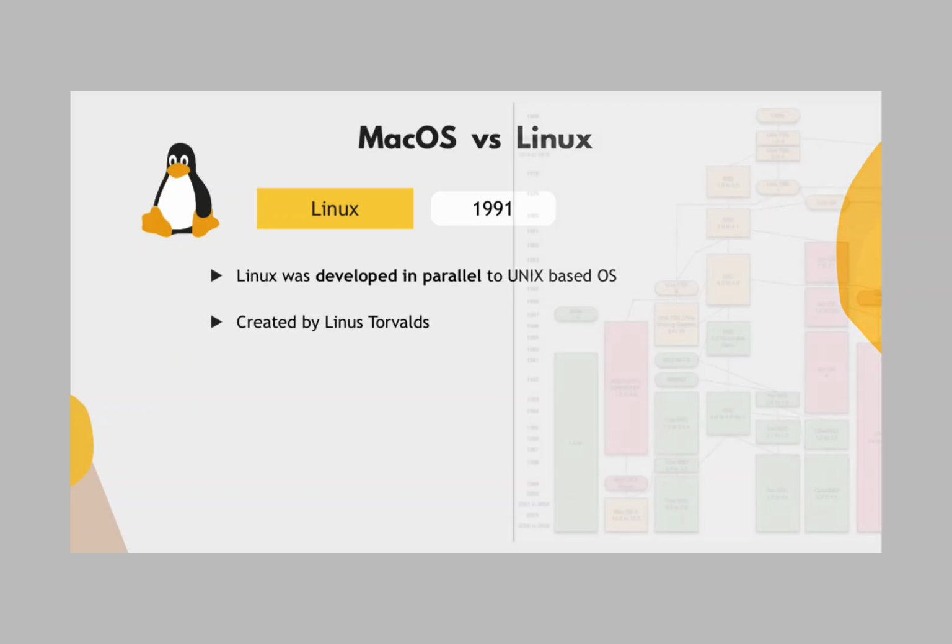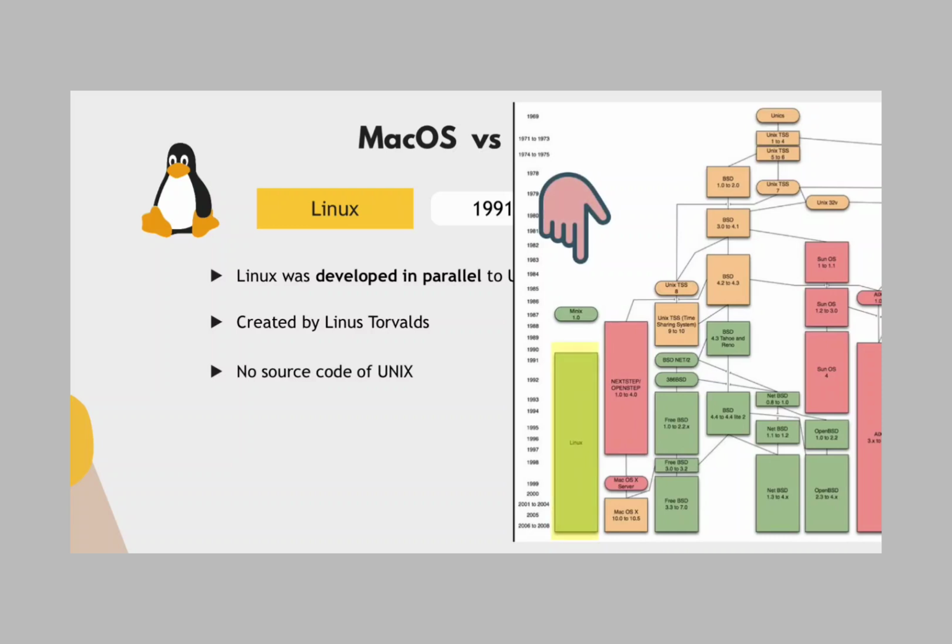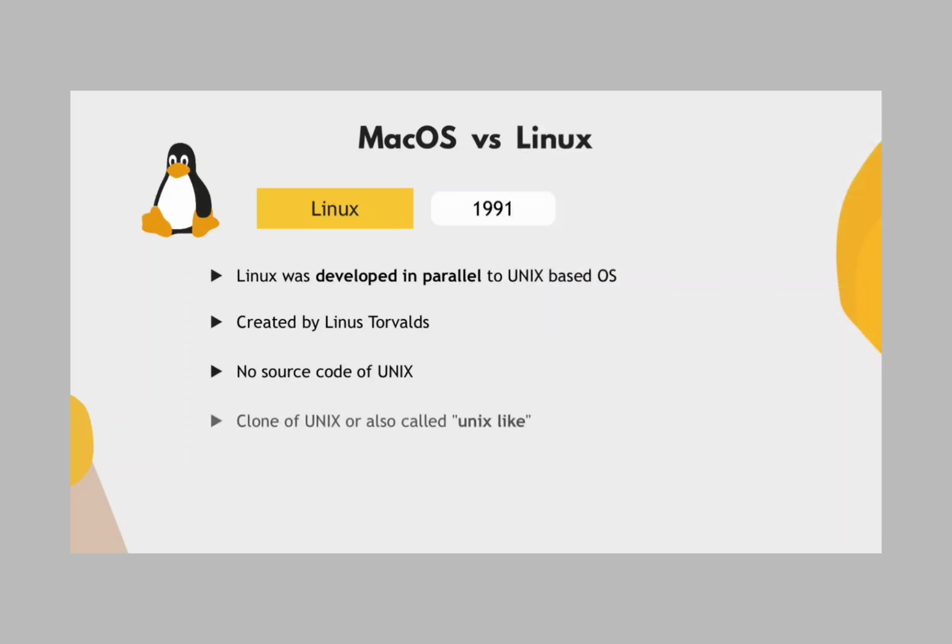As I said, completely independently developed, so it doesn't have any source code of Unix. However, Linux was based on the same philosophy and concepts as Unix, which means Linux is not a version of Unix, but it's rather a clone of Unix, or also, as often referred to, it's Unix-like.